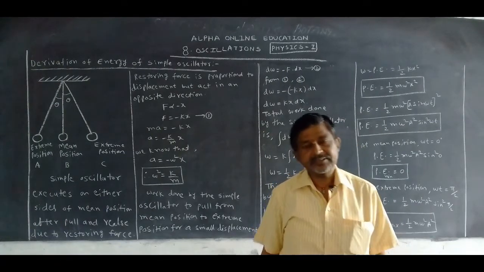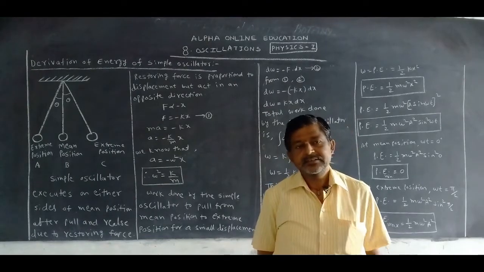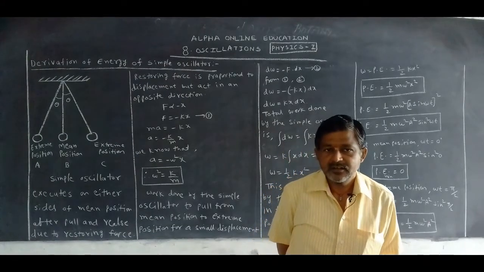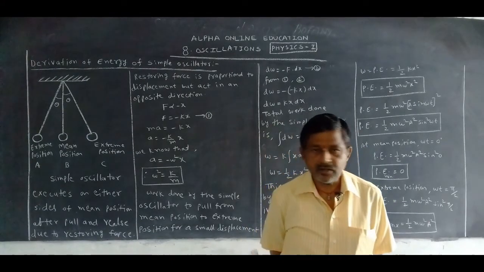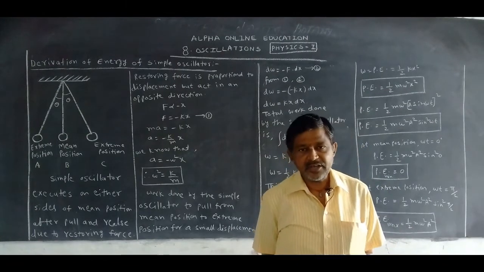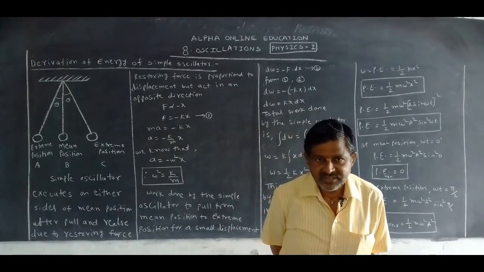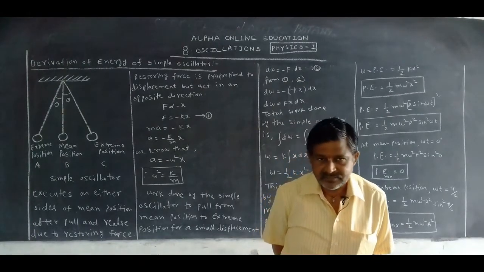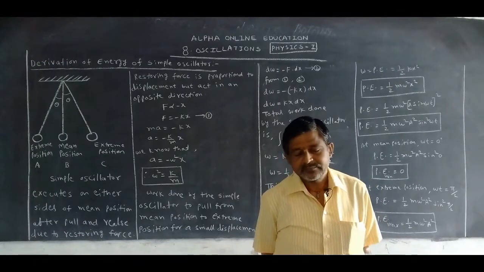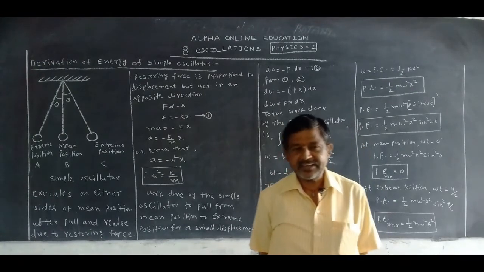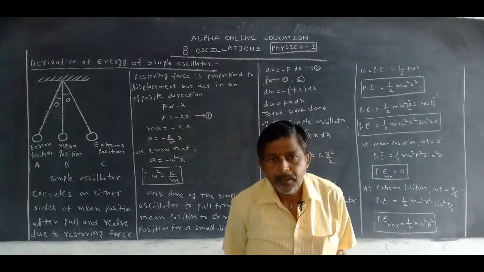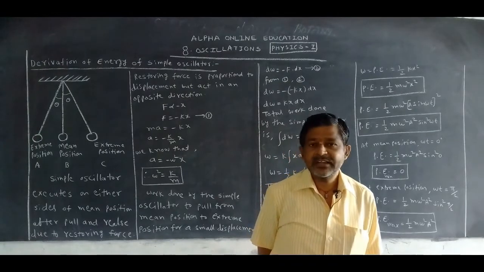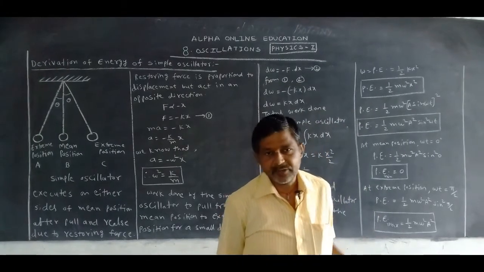From that topic we proved that the displacement of the simple oscillator is expressed in harmonic functions sin and cos. After that we proved that acceleration is proportional to displacement but acts in the opposite direction. And finally, what equation do we get? A is equal to minus omega square x.